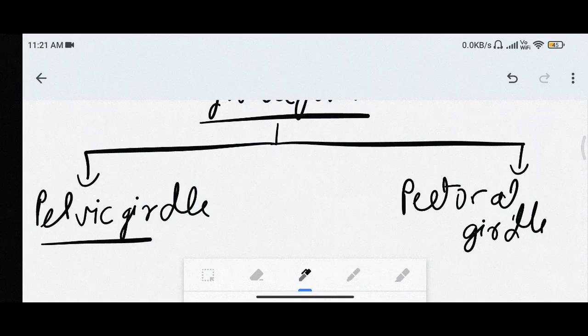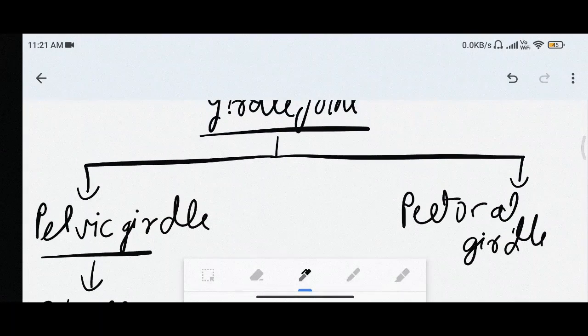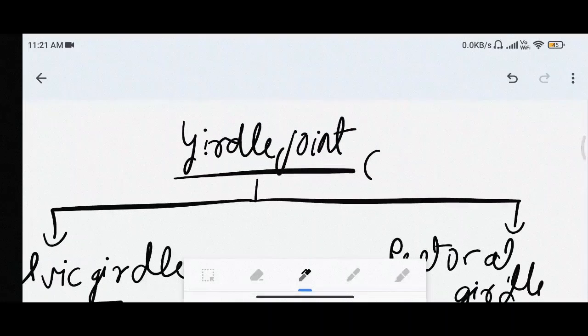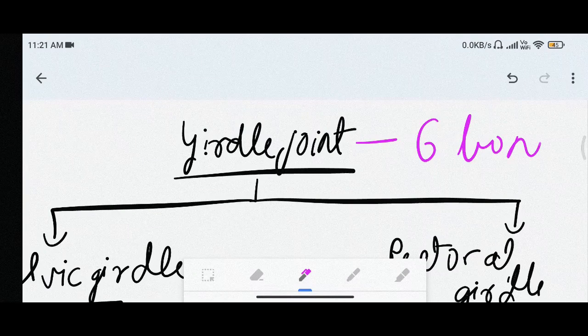Pelvic girdle has only two bones, and this girdle joint is a total of 6 bones. Let's write that one. So this is of 6 bones, and it is important, so you have to learn this one.